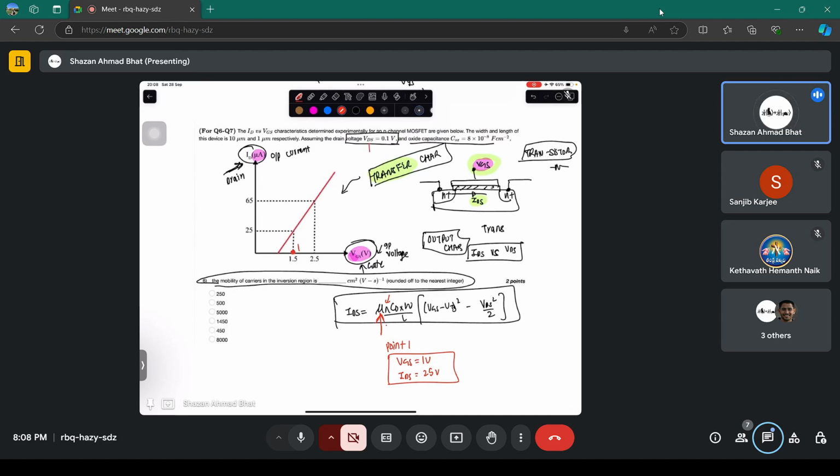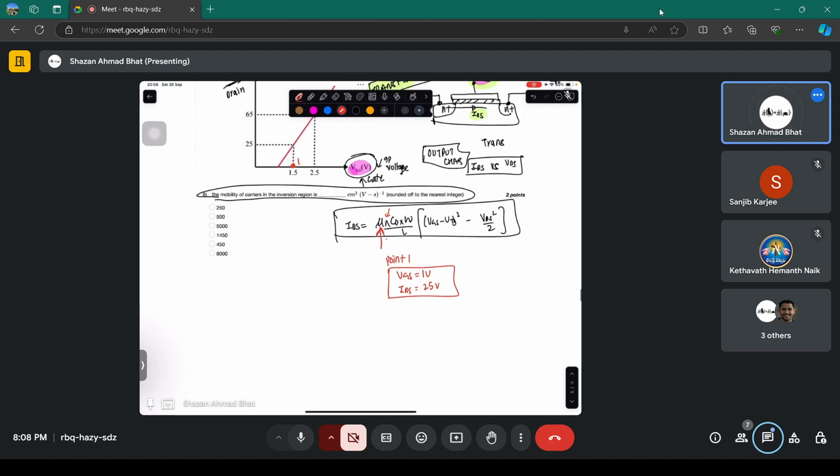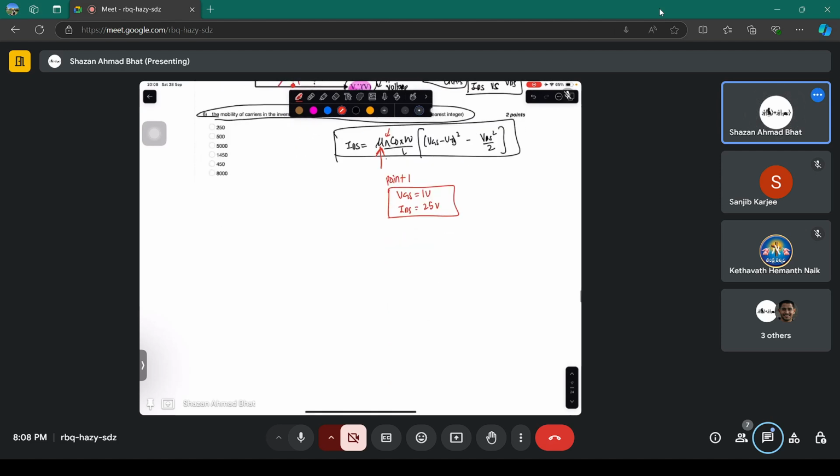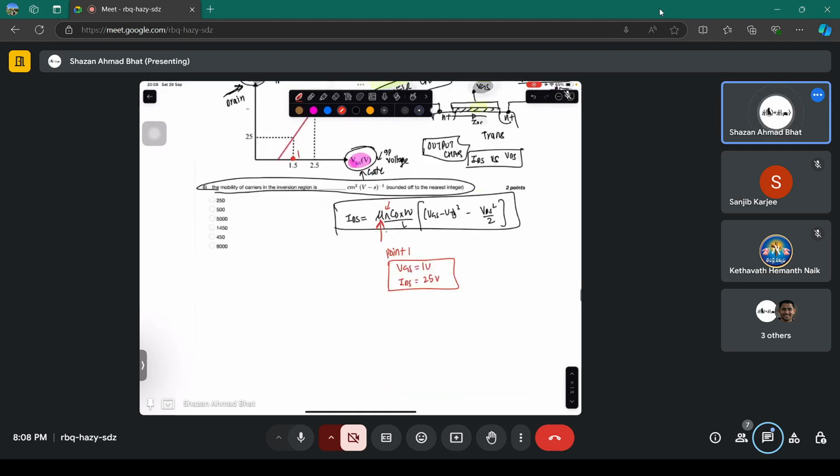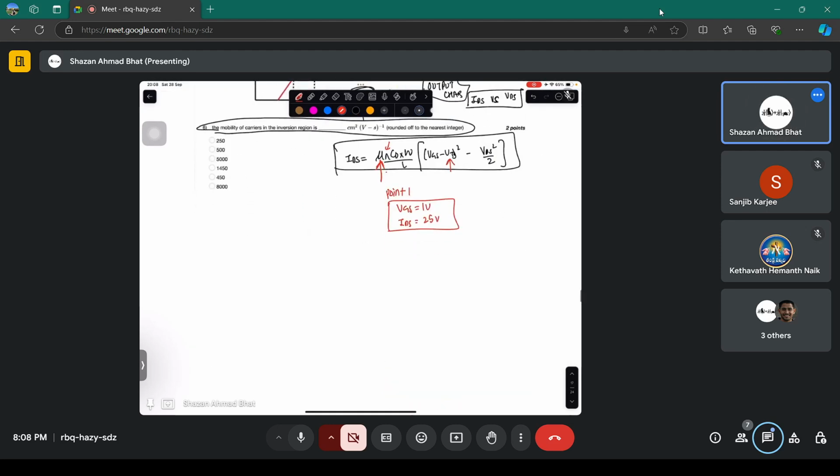VDS has been given, width and length have been given, Cox has been given. When you compute it, you get one equation, because threshold voltage is not known. So there are two unknowns: mobility and threshold voltage.